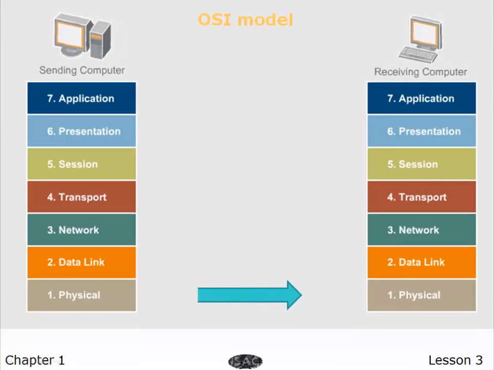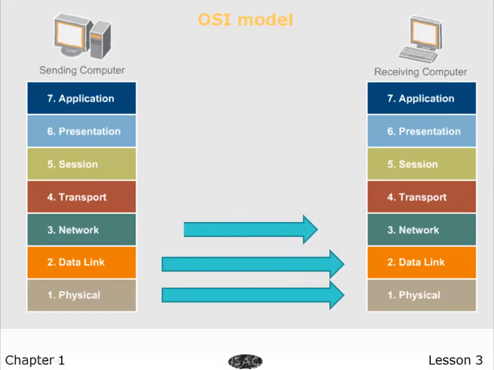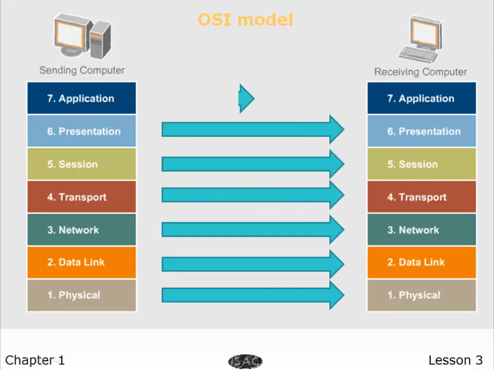So the OSI model is a 7-layer concept which describes how data flows from the sending computer to the receiving one. Let's repeat: physical, data link, network, transport, session, presentation and application. Each layer communicates with the same-level layer in the remote, receiving computer.